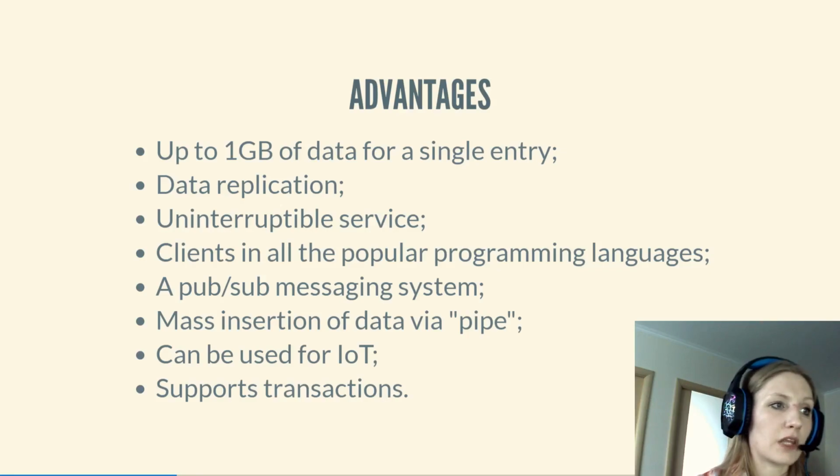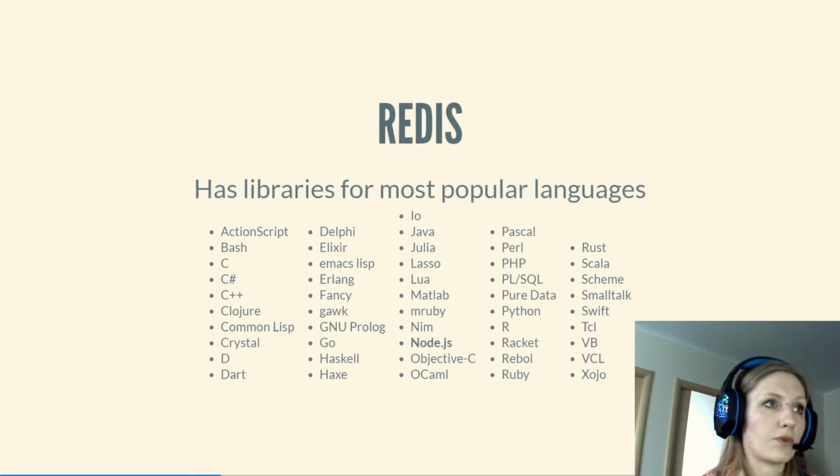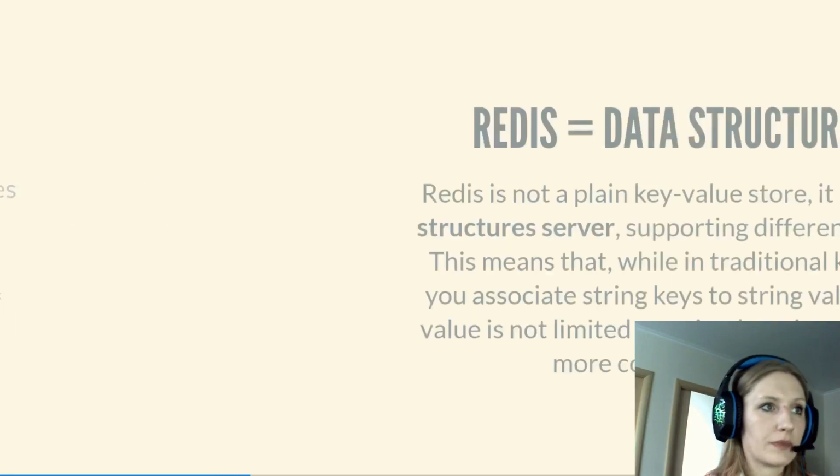That is possible because the memory footprint of Redis is very small. Redis supports transactions, and that means that commands can be executed as a queue instead of executing one at a time. Here is a list of the most popular languages that have libraries for Redis.